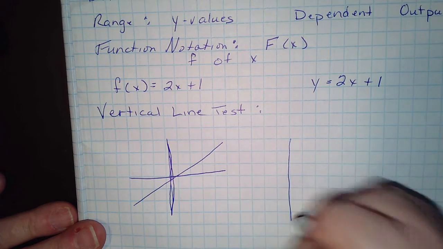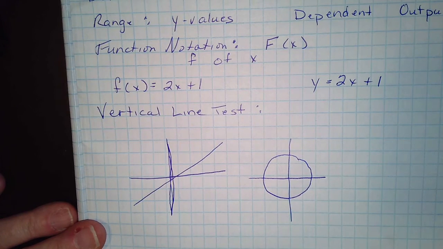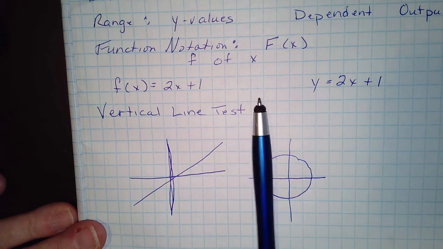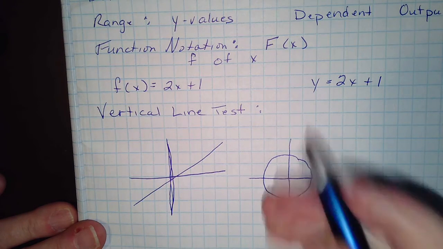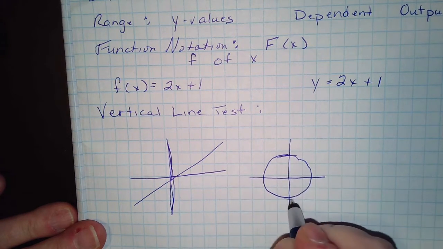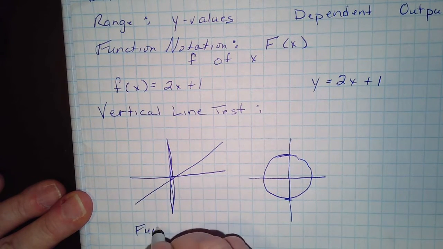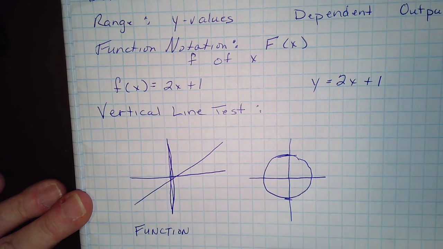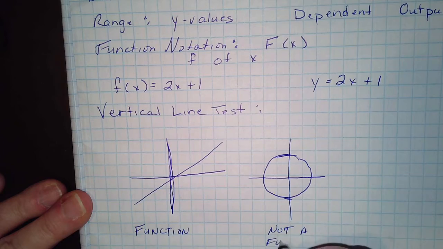But what if I have this one right here that's a circle? It's crossing both of that at the top and the bottom. So you see that it's got a place up here that it's crossing and a place down here that it's crossing. So this one is a function, and this is not a function.